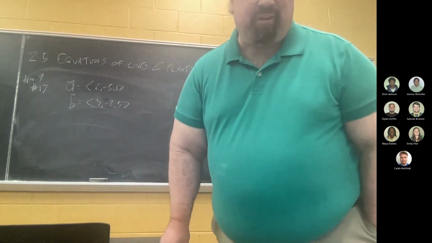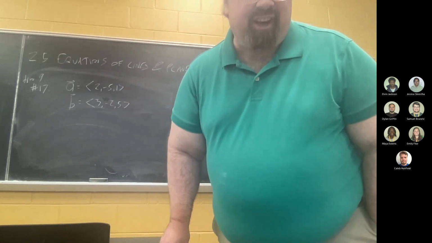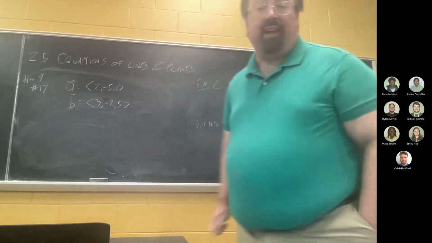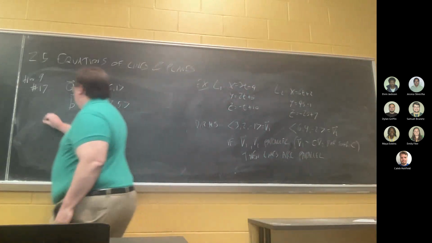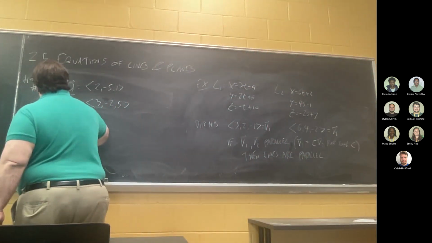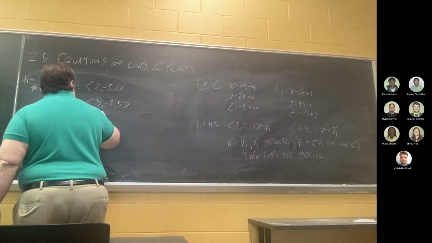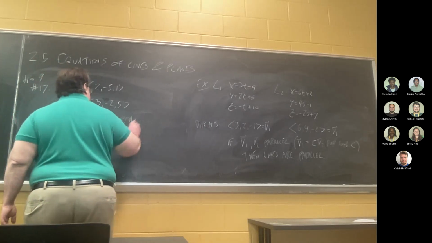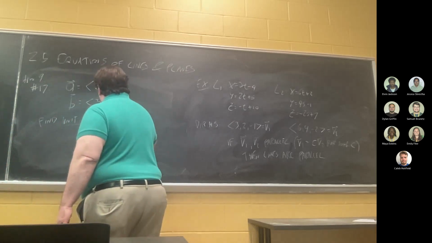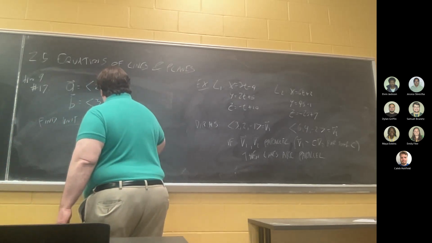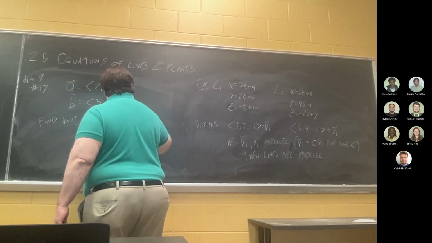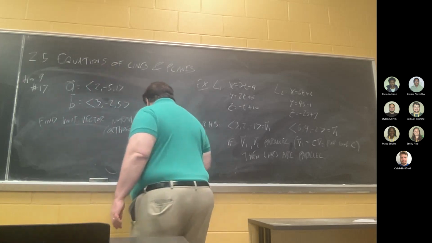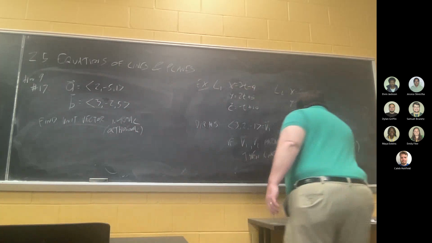Well, I won't do all the numbers, but I'll tell you how to do it. So, find a unit vector normal to A and B. I should mention, I'm talking about the cross product. By normal, that is a synonym for orthogonal. I thought it was referring to how you showed us in the notes to normalize.